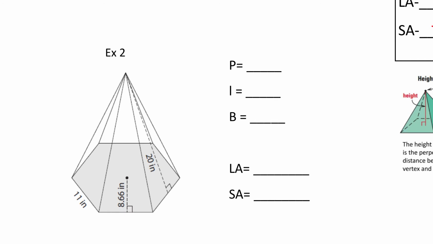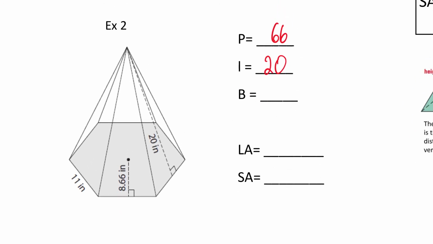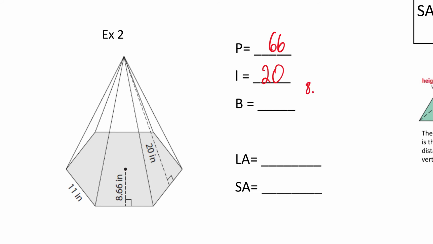Okay, what's the perimeter of the base on this one? 66. What's the height? 20. How are we going to find the area of the base on this one? Apothem times perimeter divided by 2. Okay, the apothem times the perimeter divided by 2.